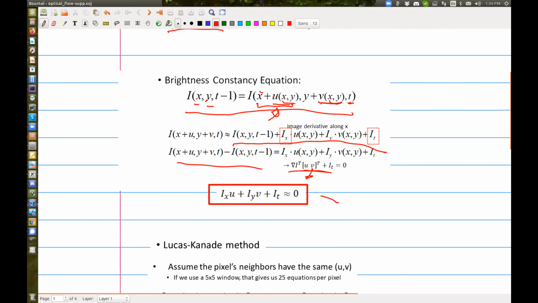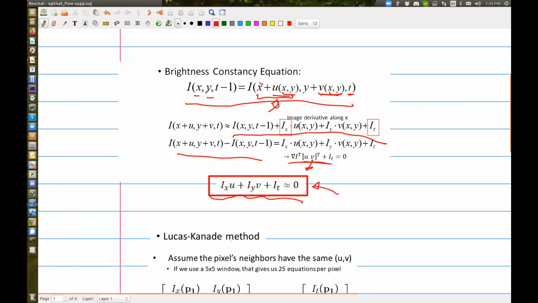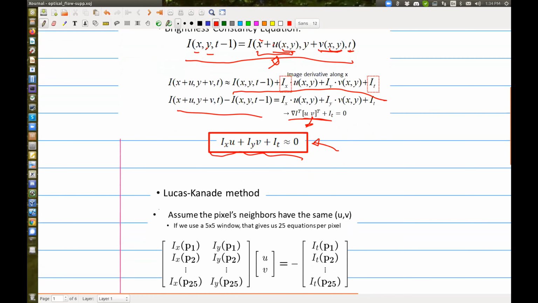This is the important equation, the brightness constancy equation, and basically all these optical flow algorithms are derived from this one.